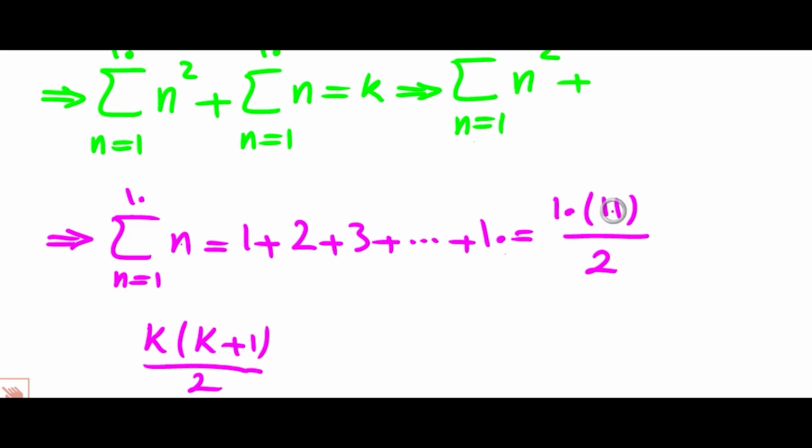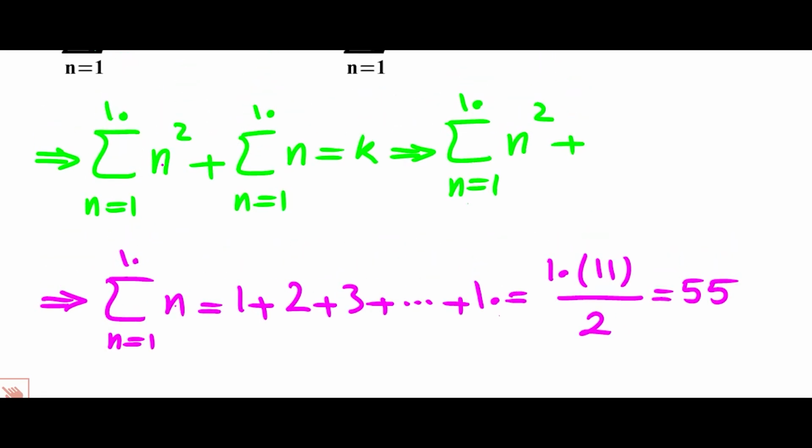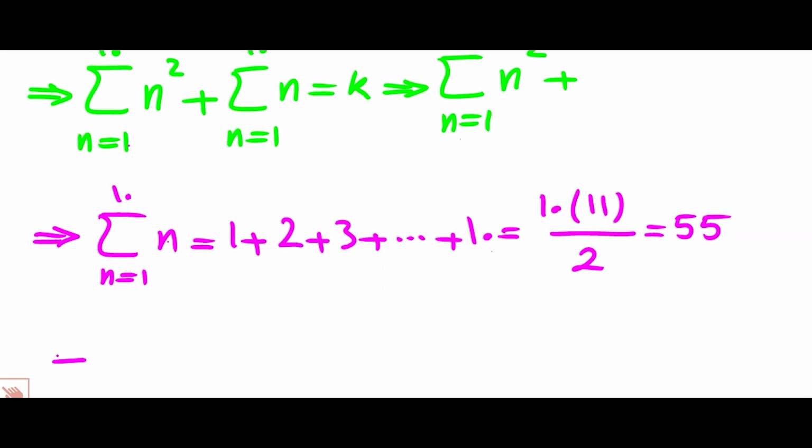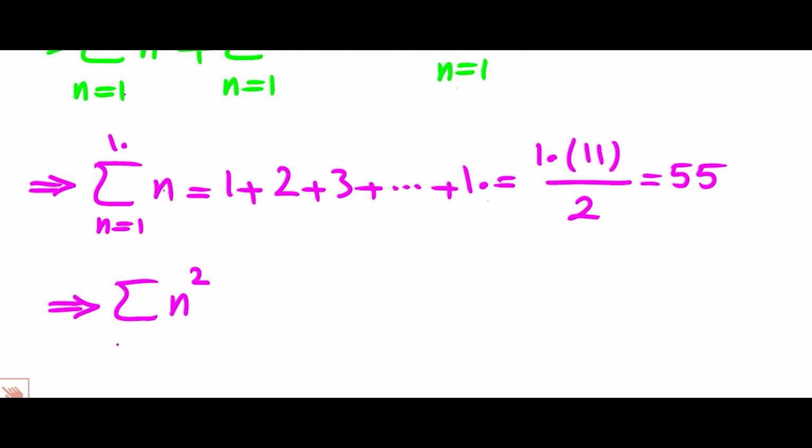So 10 times (10 plus 1) over 2 equals 55. So the sum of n squared from n equals 1 to 10 plus 55 equals k. So the sum of n squared from n equals 1 to 10 equals k minus 55.